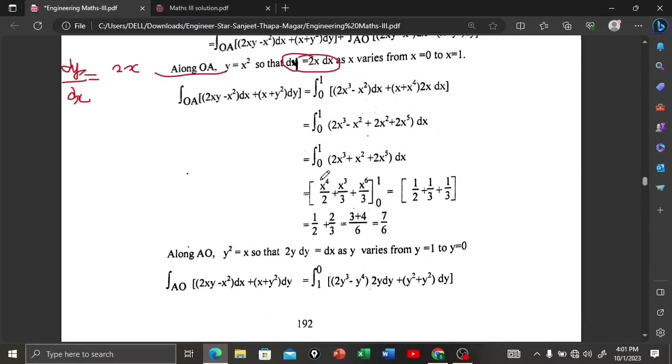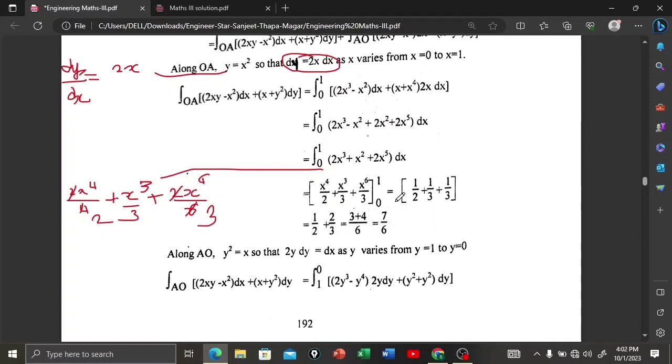So by integrating, integration of 2x cube is x to the power 4 divided by 4, plus x square integrates by adding 1, so 3 divided by 3, and finally 2x to the power 5, adding 1 gives 6 divided by 6, so 2 by 6 is 1 by 3. So x to the power 4 by 2 plus x cube by 3 plus x to the power 6 by 3, with limits from 0 to 1.